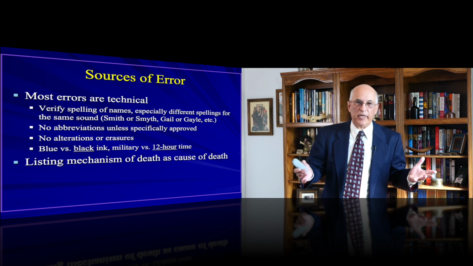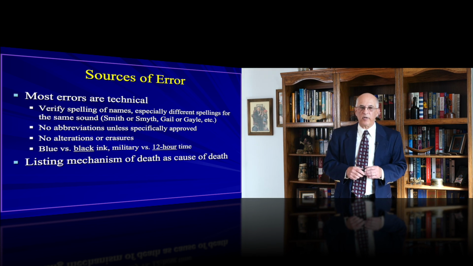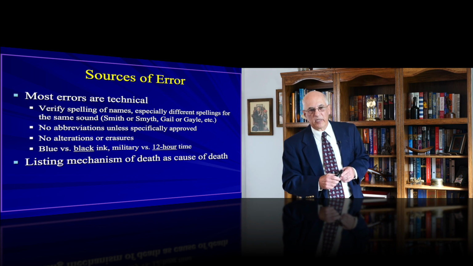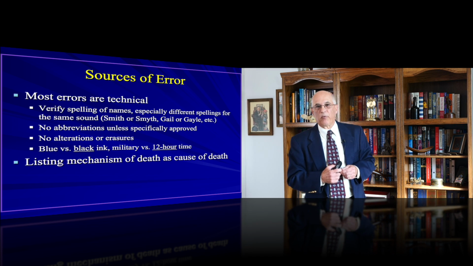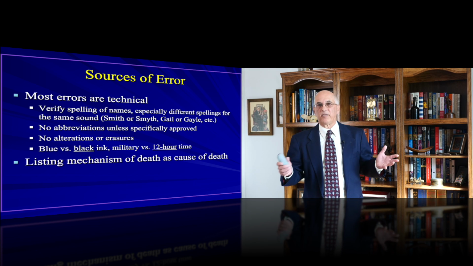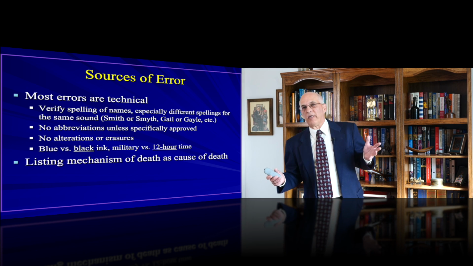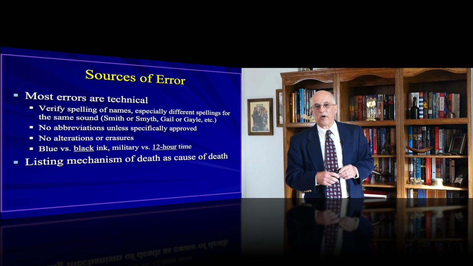The other thing is I already mentioned you can't use abbreviations, but people still do it on occasion, and that would cause the death certificate to be rejected. The last ones here are really more of an issue with paper records, but they are still around, so I left them in there. One would be you can't erase something or alter it. If you make a mistake, you basically just have to go get a new blank form and start all over again.